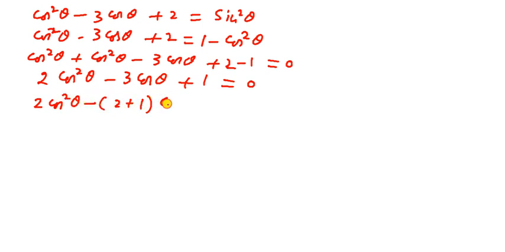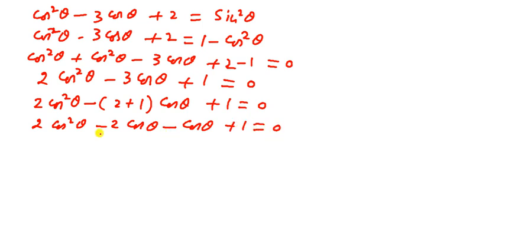Now do the factors by splitting the middle term. So 2 cos square theta minus, it is 2 plus 1, and here is cos theta, plus 1 will be equal to 0. So 2 cos square theta minus 2 cos theta, and here also minus cos theta and plus 1 equal to 0.